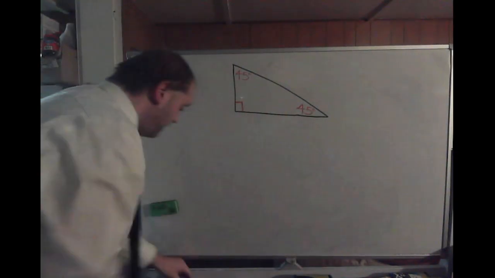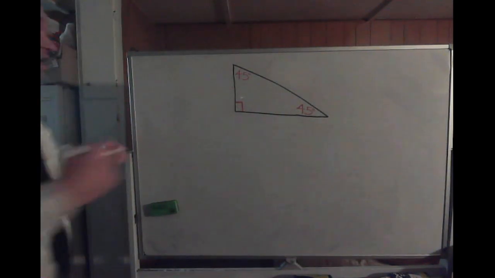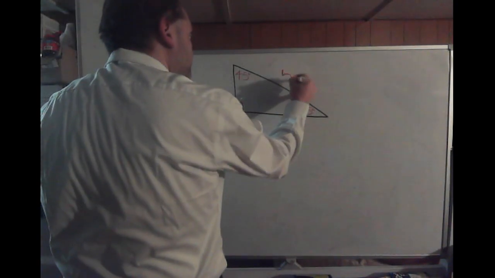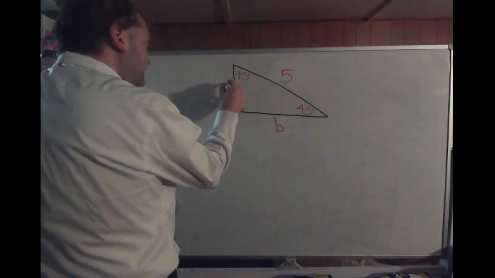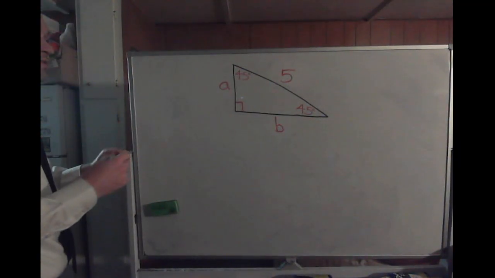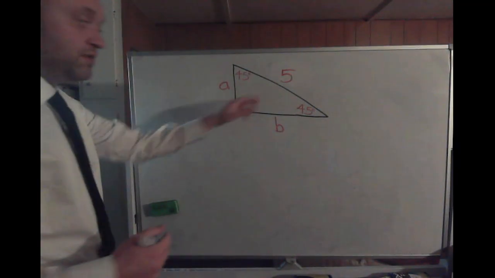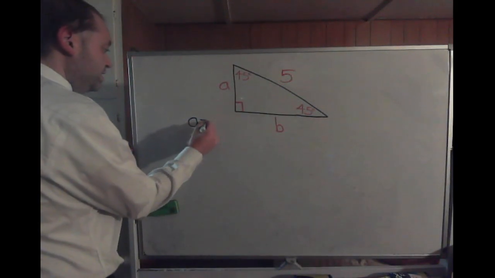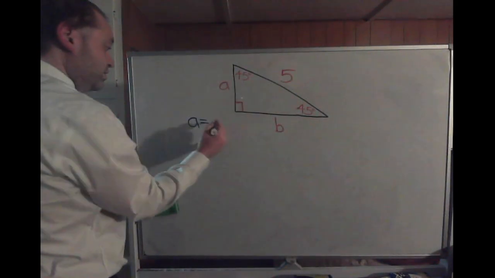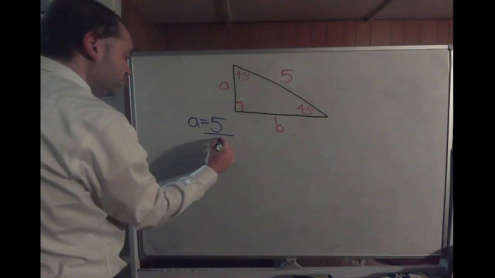What do we got here? Okay, this time the hypotenuse has a length of 5, but we don't know the lengths of the 2 legs. So we have to solve for A and B. Well, again, to find the length of one of your legs, which would be A in this case, we'll start with, you would take the length of your hypotenuse, which would be 5, and divide that by the square root of 2.